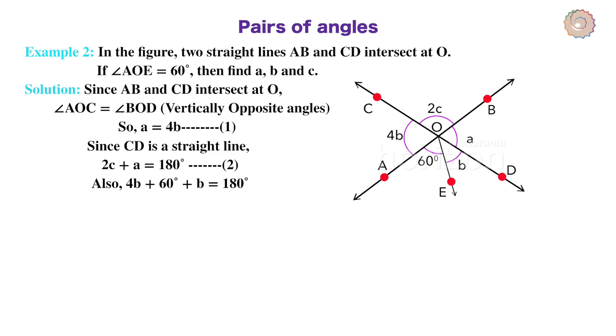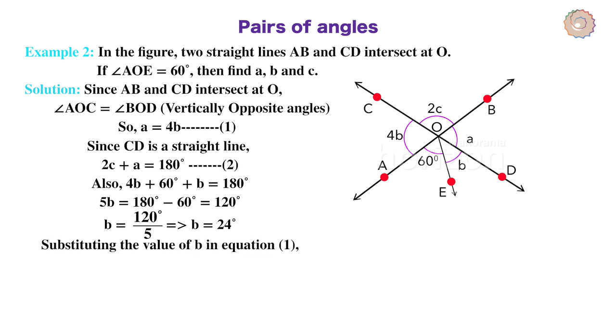Also, 4B plus 60 degrees plus B equals 180 degrees, which implies that 5B equals 180 minus 60, which is equal to 120 degrees. So, B equals 120 by 5, which is equal to 24 degrees. Now, substituting the value of B in equation 1, we get A equals 4 into 24, which is 96 degrees.